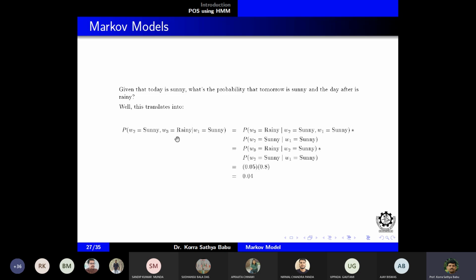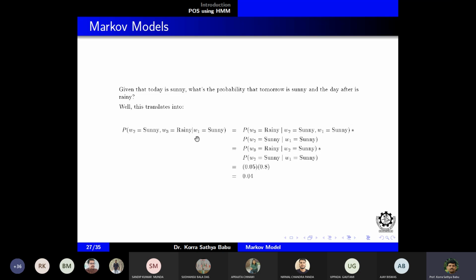So the probability that today is sunny, tomorrow is sunny, and the day after tomorrow is rainy, taking from the previous statistics, is 0.04.